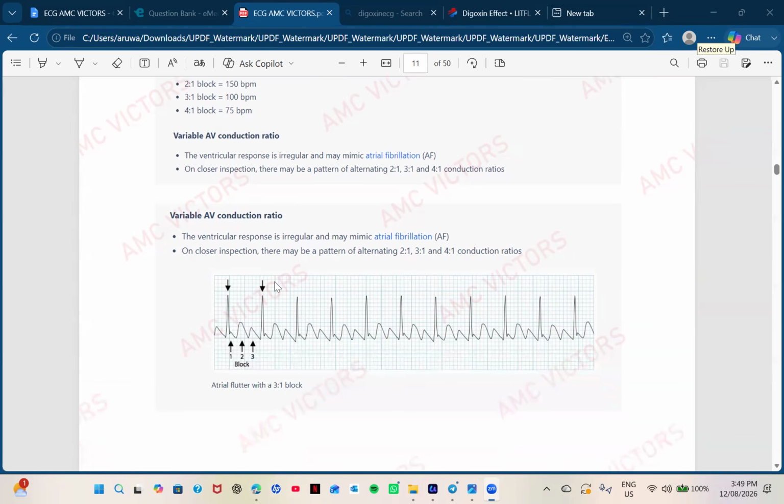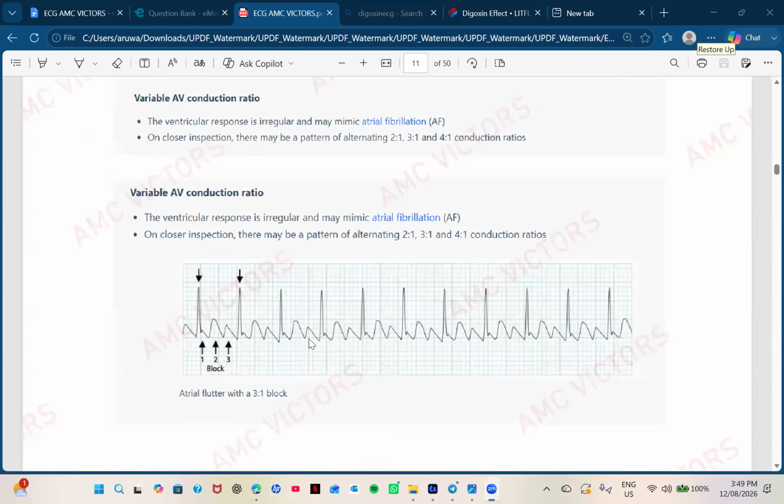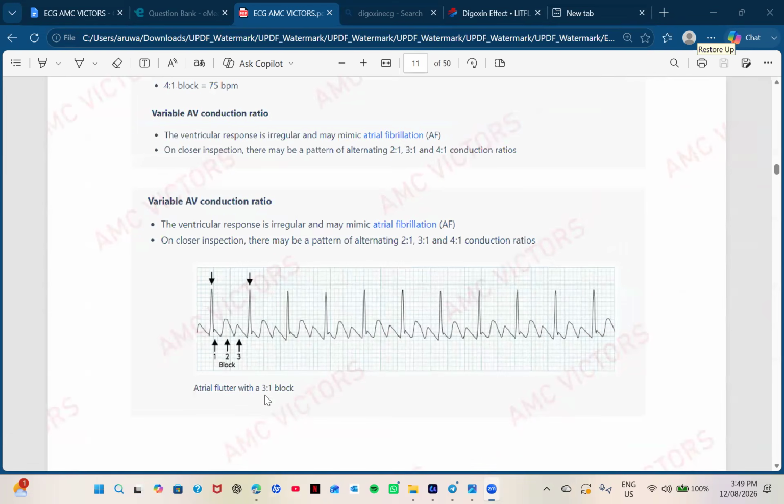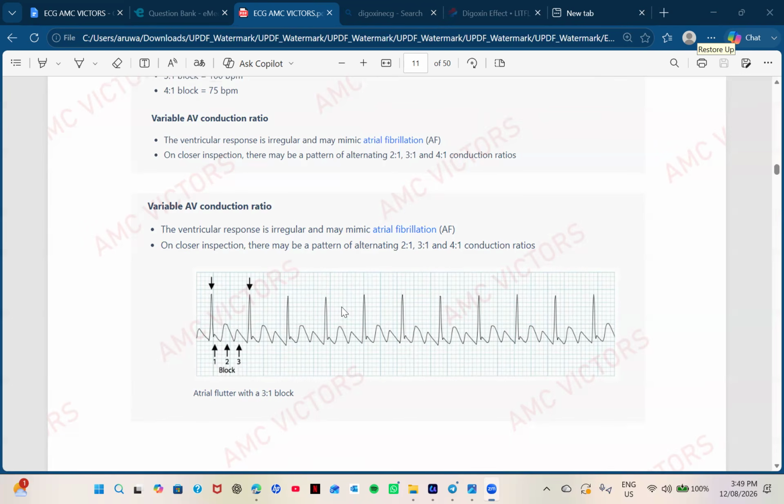Here, atrial flutter with 3 to 1 block. What does that mean here? Tell me, doctors. Here, which waves do we have? F waves, right?